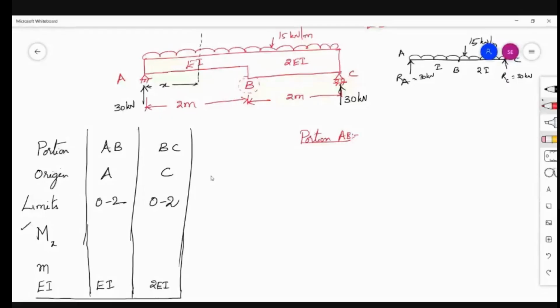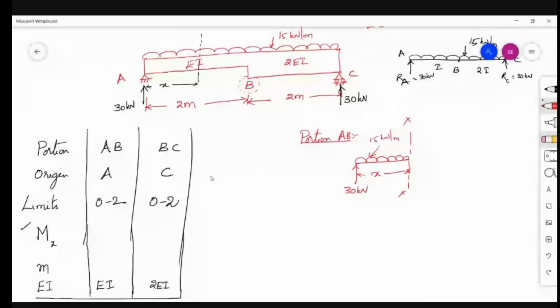Now, what you have to do to get Mx? Consider portion AB. This is your UDL. 30 kilonewtons is there here. This is your section X. This is 15 kilonewton per meter.